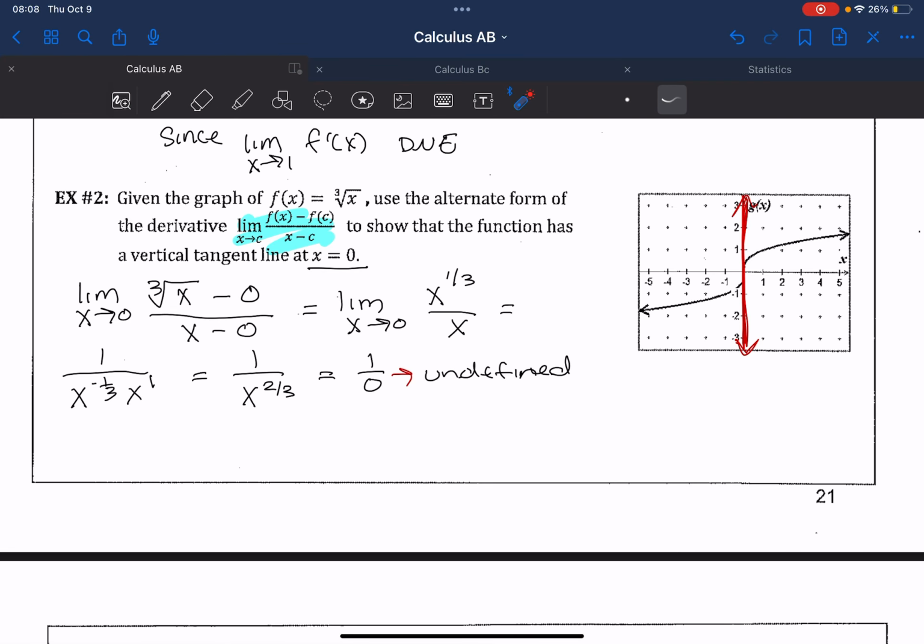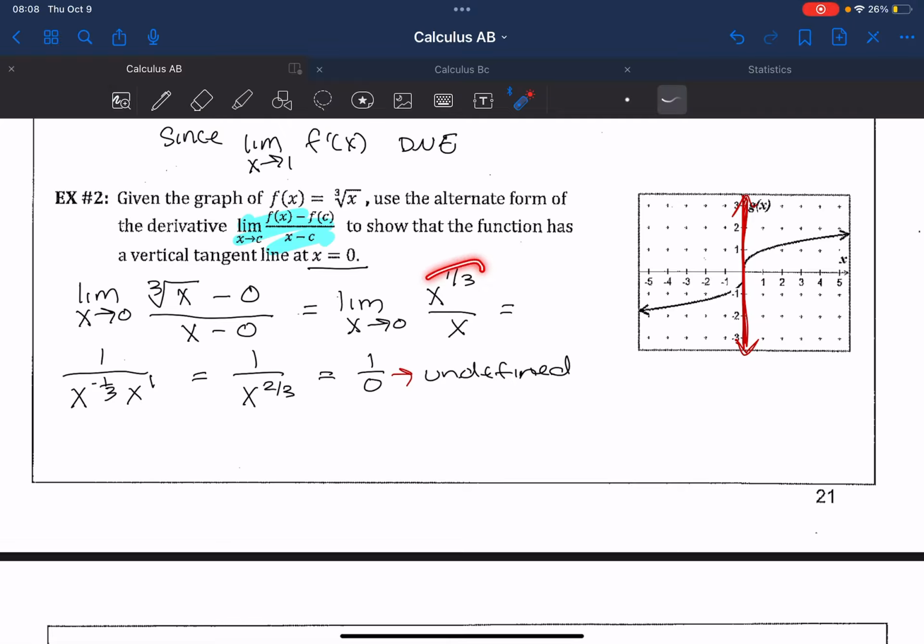So for these ones, we would plug in the function, so cube root of x, and then plug in 0 for f of c. So since our function is the cube root of x, the cube root of 0 would just be 0. And then once we get here, we can simplify using our properties of exponents.